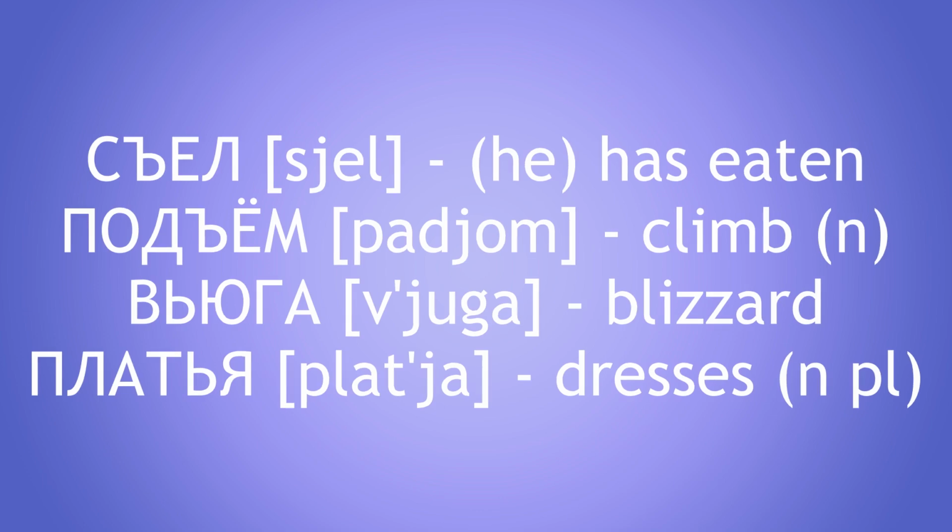Long story short, if our y vowels are preceded by the soft or the hard sign, then they keep the y sound in them. For example, съел, which is like he has eaten, or подъем, a climb, вьюга, a blizzard, or платья, dresses.